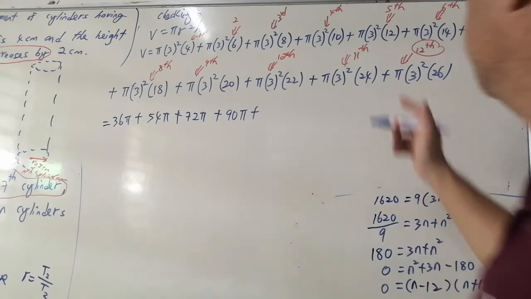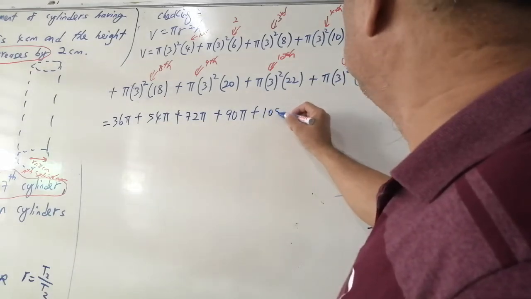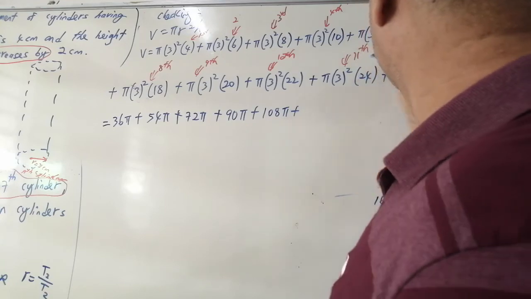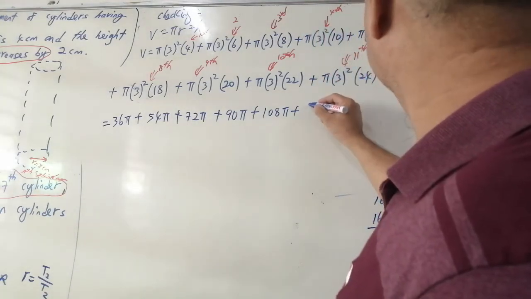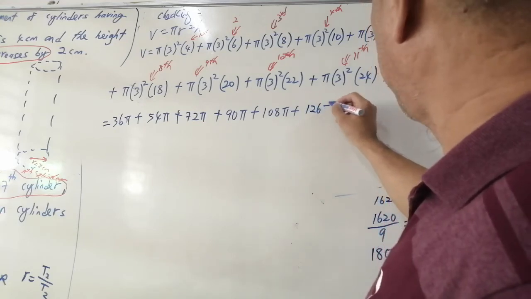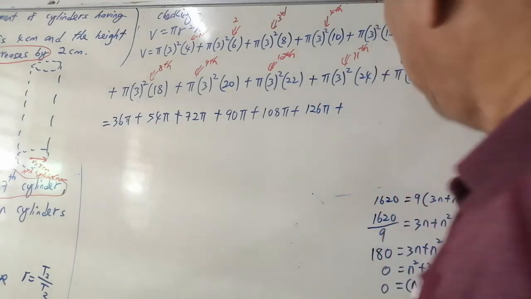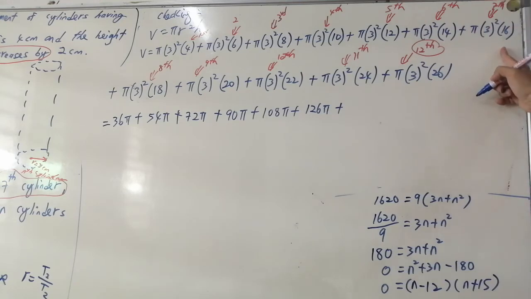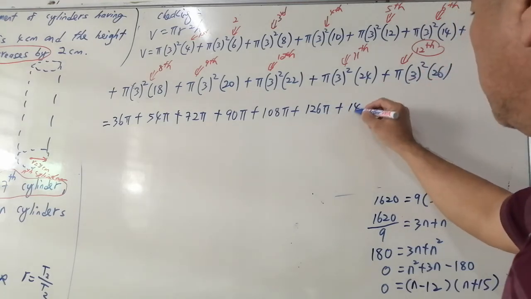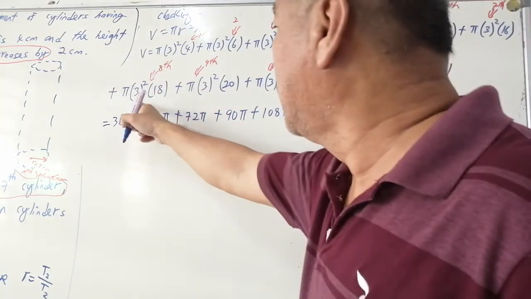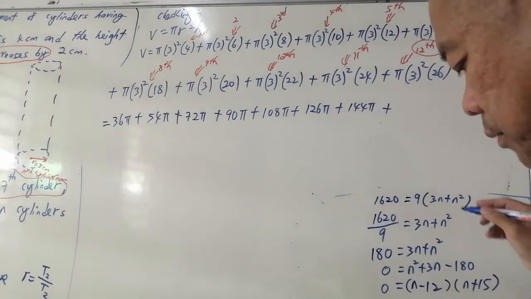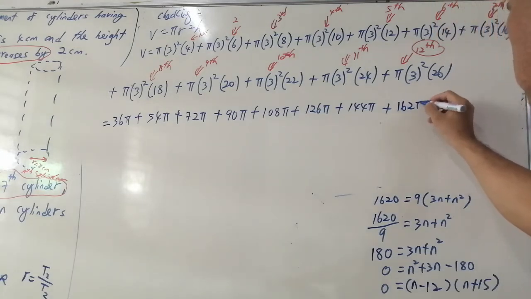Should be 108 pi. 9 multiplied 14 should be 126 pi. And now 9 multiplied 16 should be equal to 144 pi. Then plus 9 multiplied 18 should be equal to 162 pi.